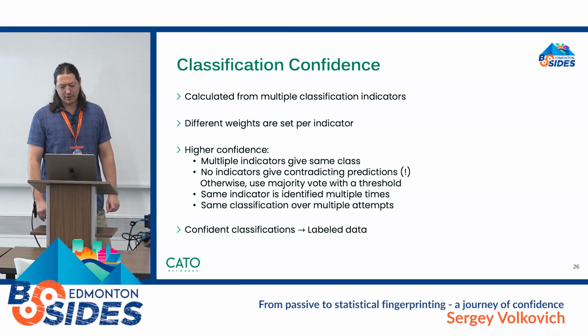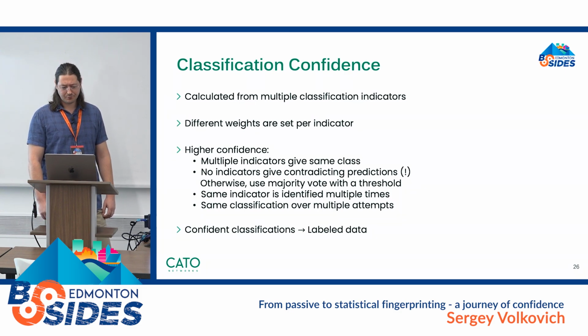I want to touch on the subject of classification confidence. Obviously, as we saw, some signatures vary in our confidence regarding them. I won't get into formulas here, but again, rules of thumb for how to calculate this confidence.